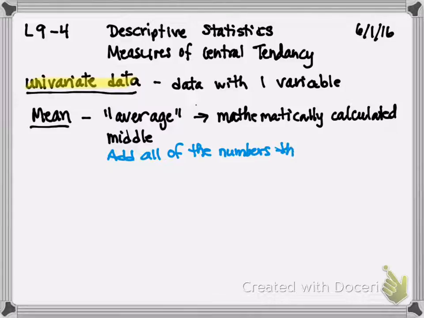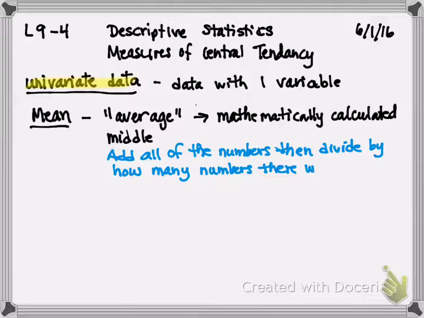Then divide by how many numbers there were in the data set. Now, the reason why I added this last piece is that what if 0 was one of your numbers, okay?